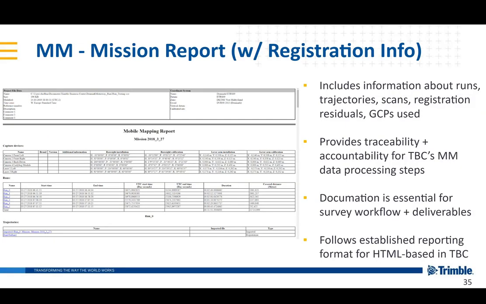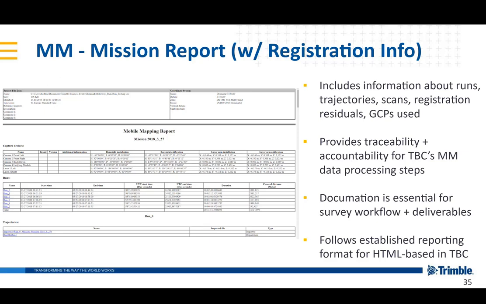Speaking of the mission report, we have now included in version 5.20 a formal mission report that has registration info. This includes information about runs and trajectories and scans and registration residuals and which ground control points were used. Of course, every surveyor loves traceability, and this provides accountability for TBC's mobile mapping data processing steps.